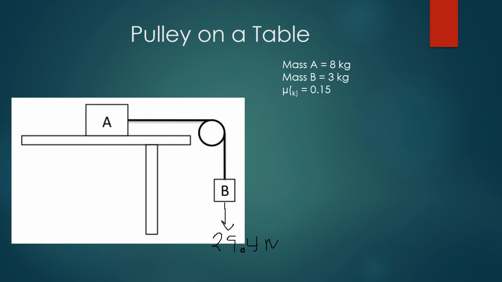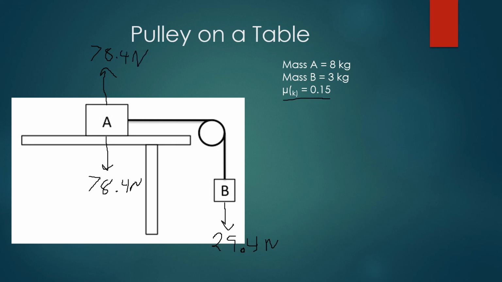Here, we have gravity pulling down 78.4 newtons. So we're just drawing free body diagrams. That's it. We just have to recognize the forces here. It's going to look exactly like the other situation we just looked at. So if it's being pulled down 78.4, it's being pulled up 78.4 by the normal force.